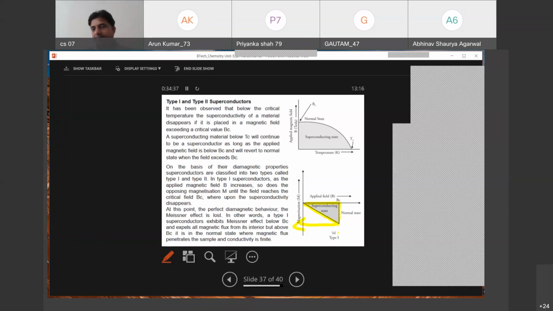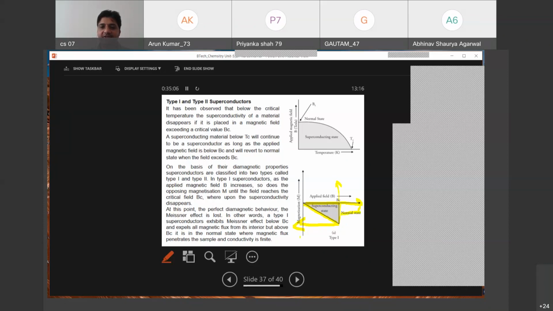This means the metal is present in the superconducting state here, and this state is present below the BC, below this critical magnetic field. And if you further increase the magnetic field above the critical magnetic field, your metal will immediately change into the normal state, this state.